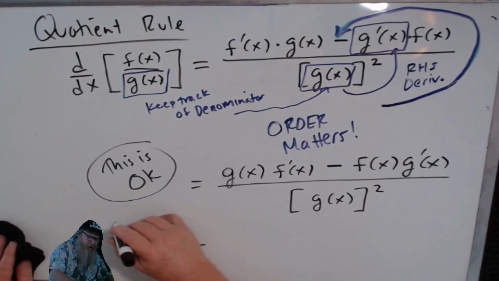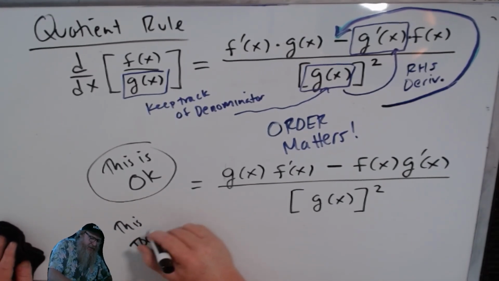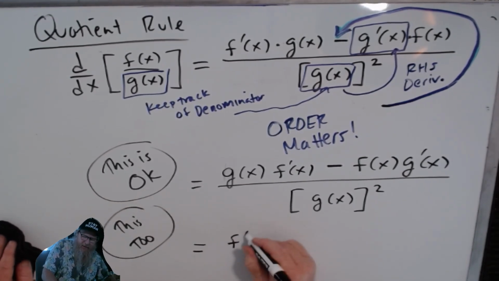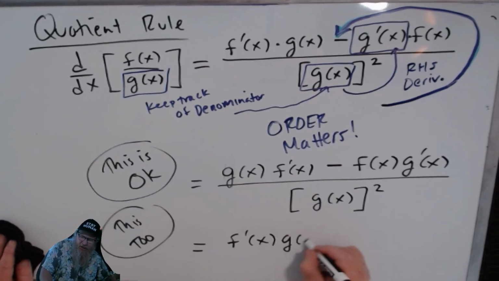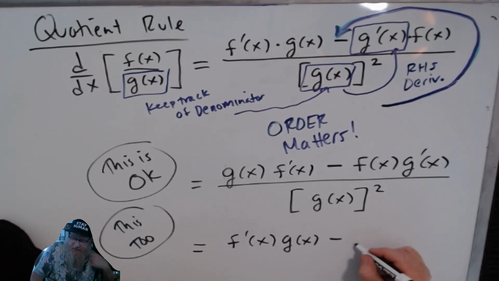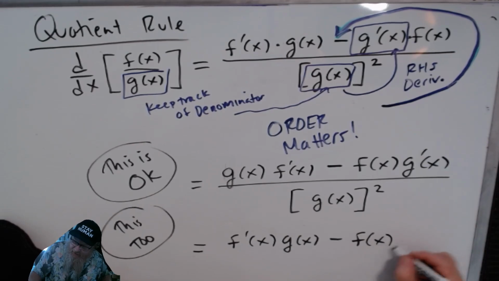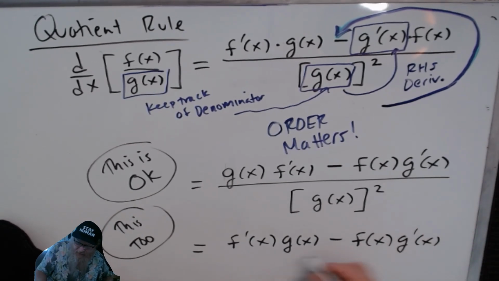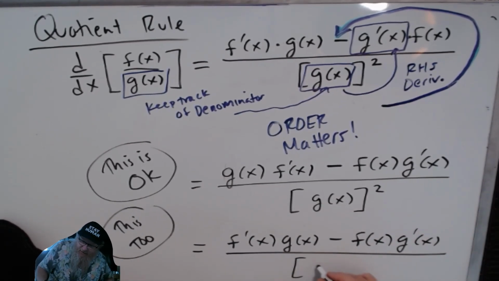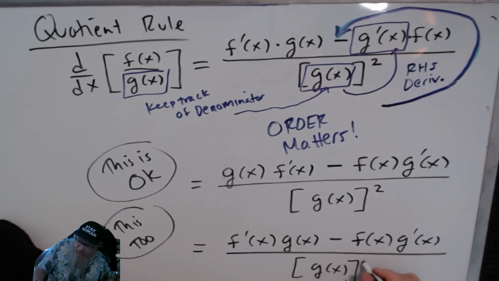And you could also do this. This is the way I do it: f prime g minus f g prime. And again, make sure the denominator is g.